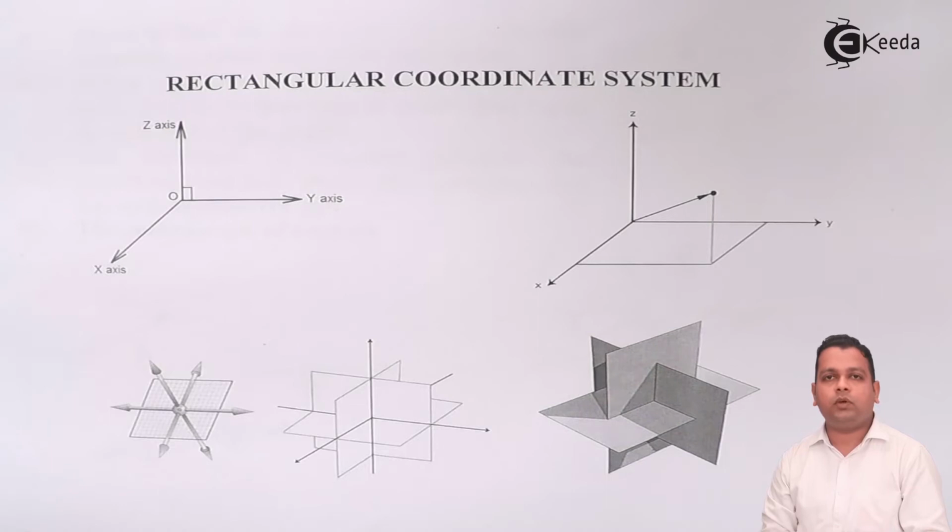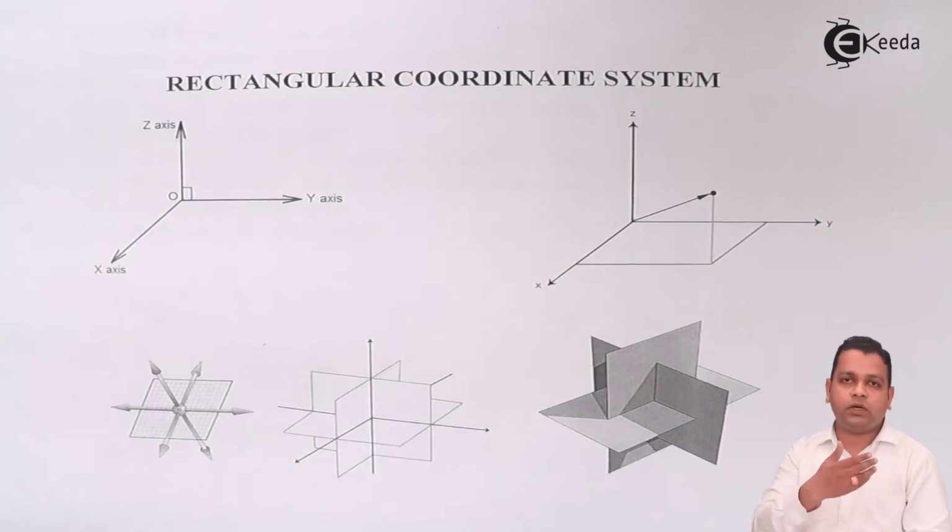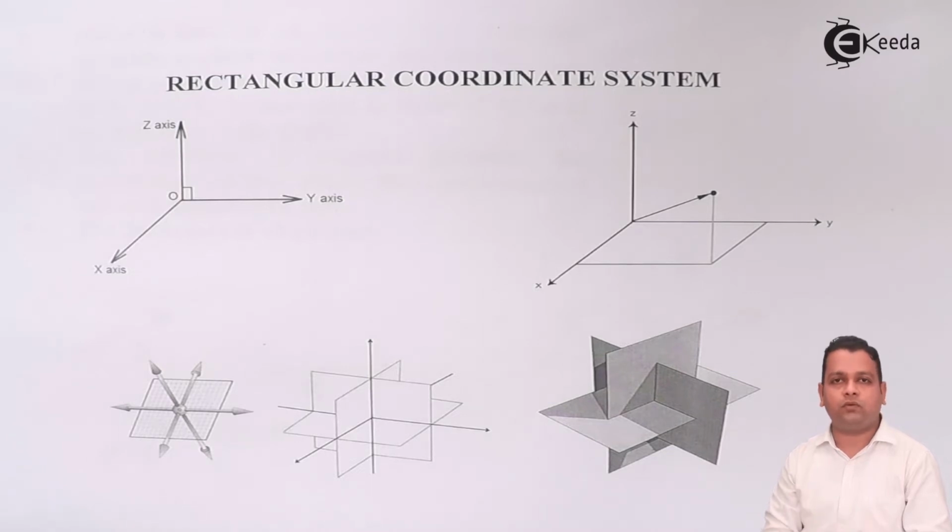First of all, we will try to represent a point in the three-dimensional space. So for locating or positioning a point in the 3D space, we require certain references with respect to which the exact location position has to be calculated.